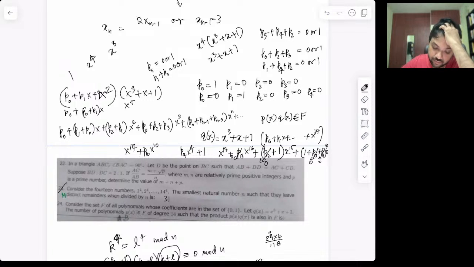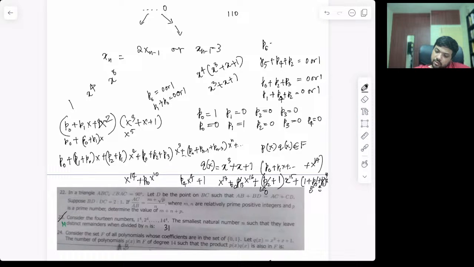What is the answer? If P4 is 1, it will force P5 to be 0.